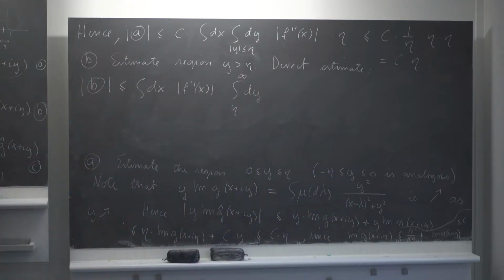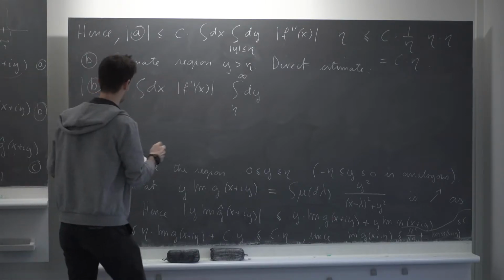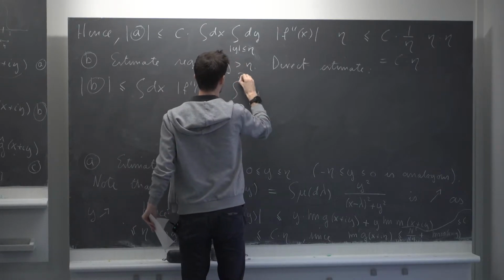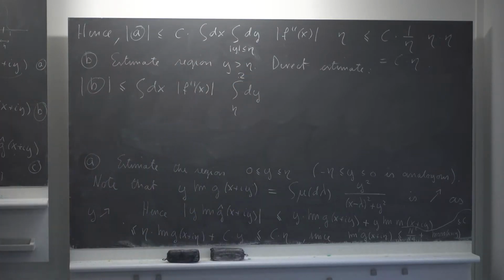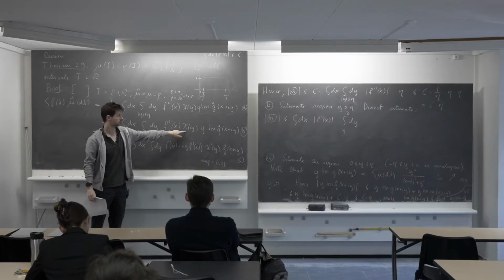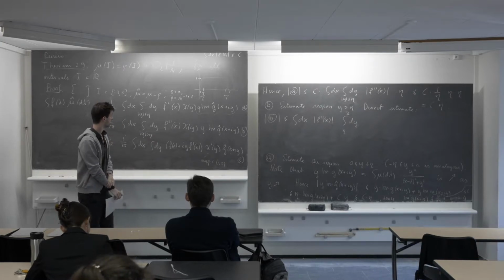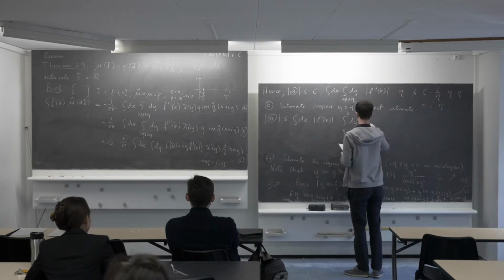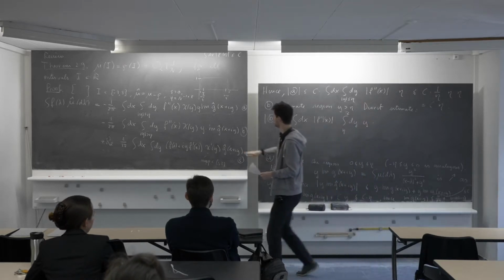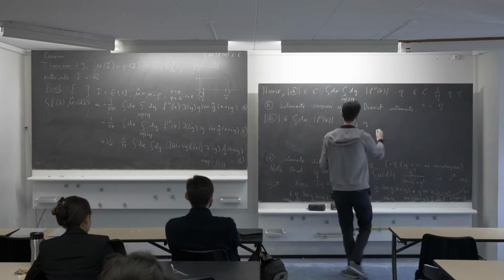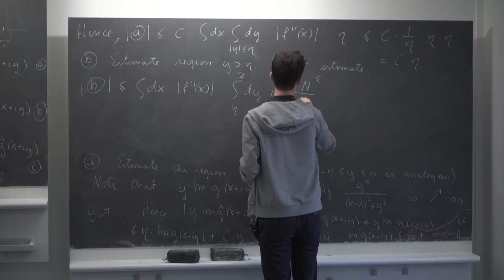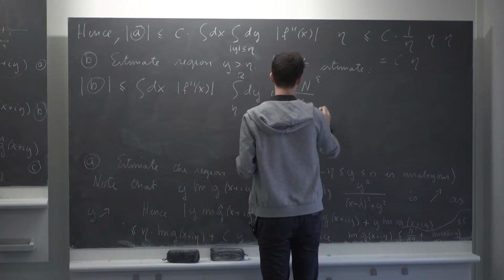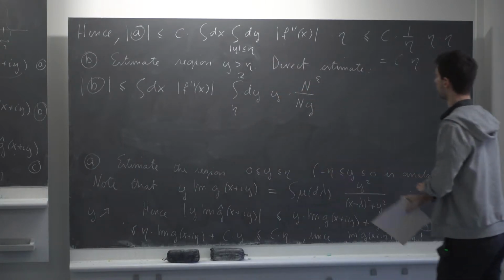Well, I will use the fact that I have the cutoff function chi, which means the integral goes only from eta to 2, because chi is equal to 0 after that. And then I have a y, and then I have just this guy, which I know is bounded by n to the epsilon over n y.